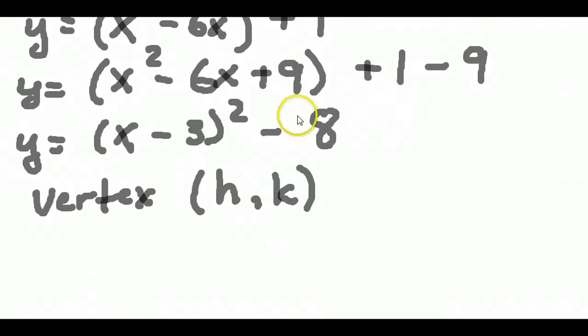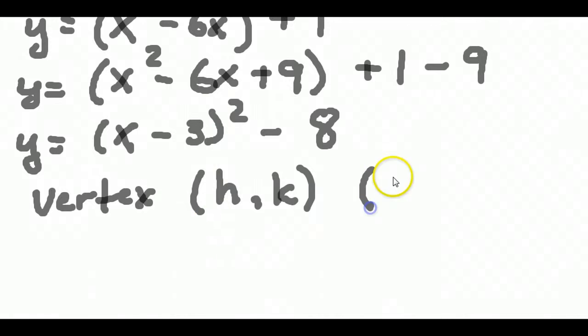So in this one, if the format of the vertex form is x minus h, in this case we have a negative 3. But we're just looking at the number. The minus sign goes with the form. So our number, our h, is actually just 3.